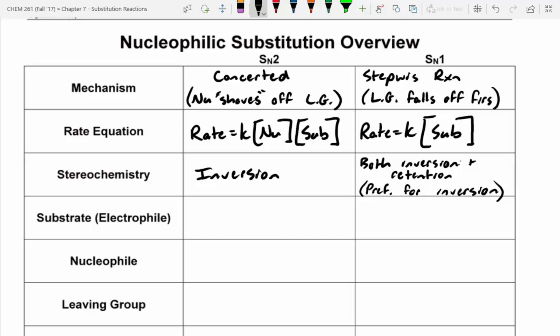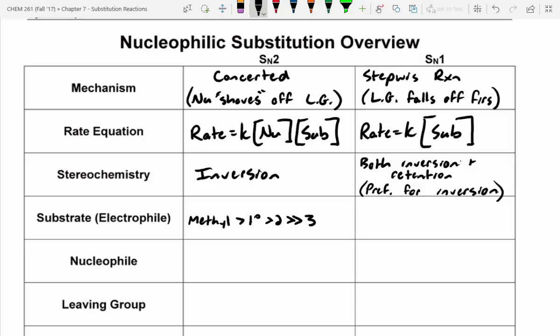All right, with SN2 we've got to look at the substrate or the electrophile. So what's the best electrophile for an SN2 reaction? Is it going to be primary, methyl, secondary? Which of the possible options is the best? Yeah, methyl we said is better than primary, which is better than secondary, which is way better than tertiary.